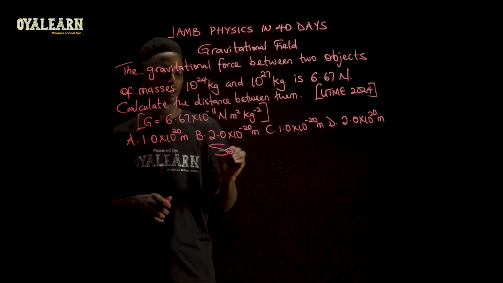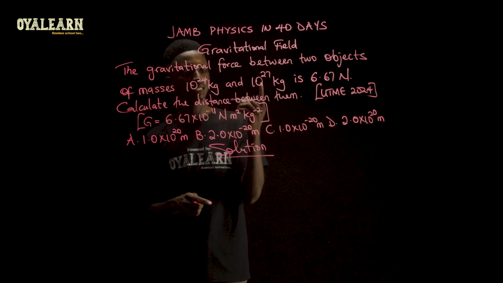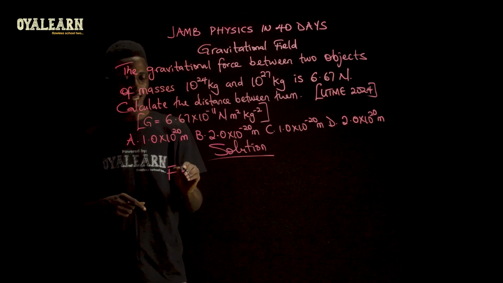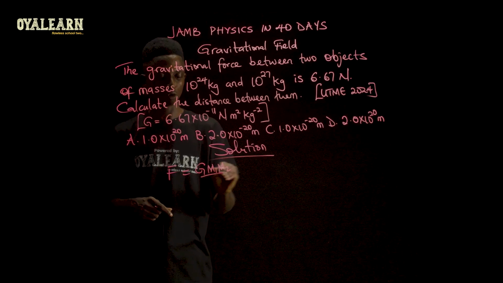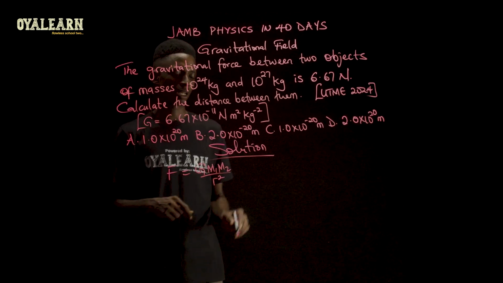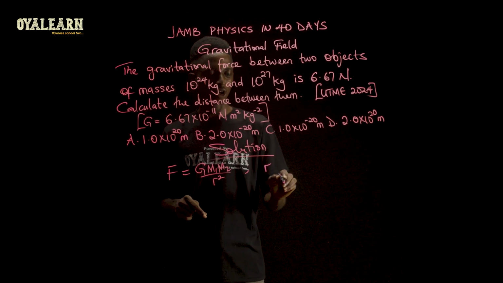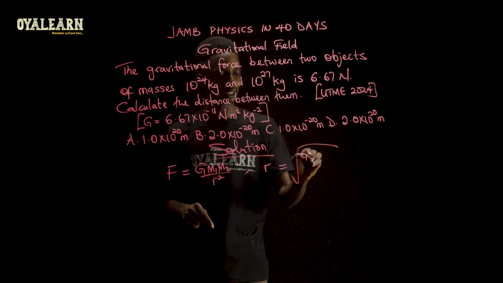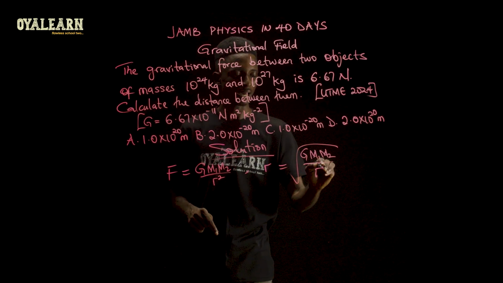We already have all the other parameters except for the distance. So let's solve for distance. The equation itself says F is G m1 m2 over r squared. But from here, we can make r the subject. That will then become the square root of G m1 m2 over F.